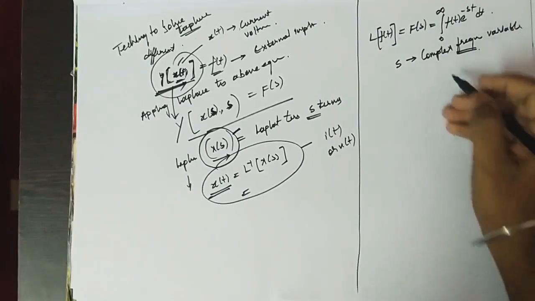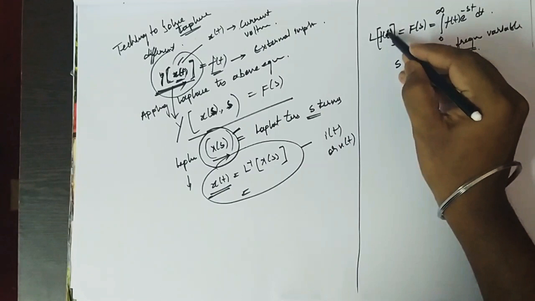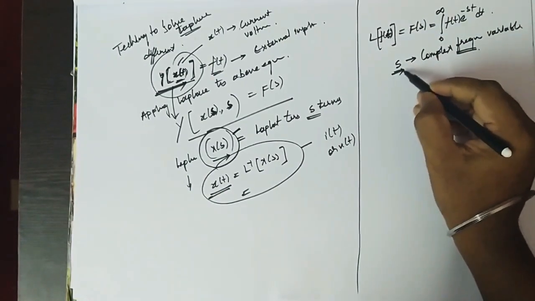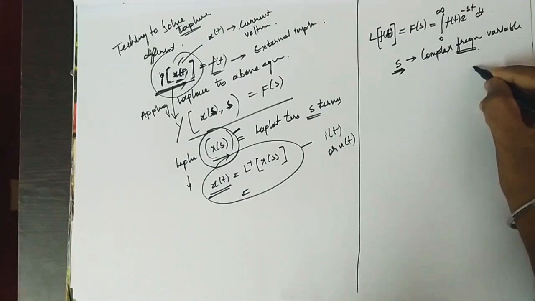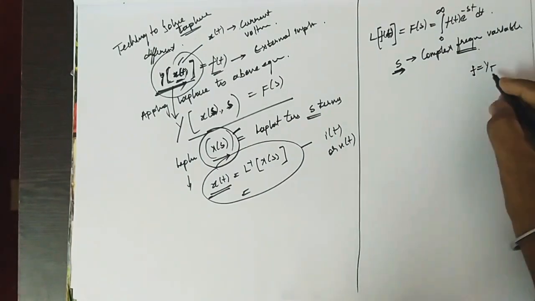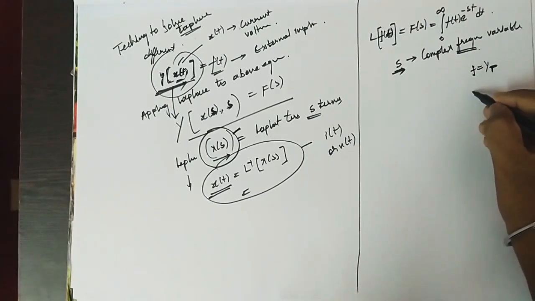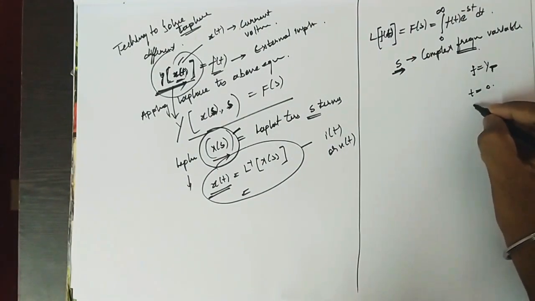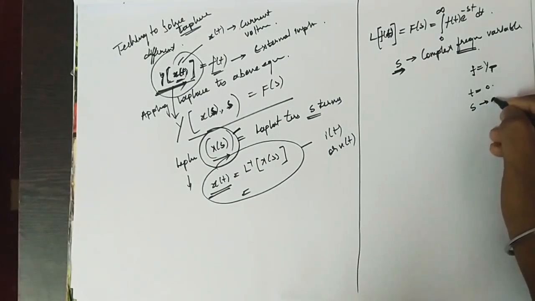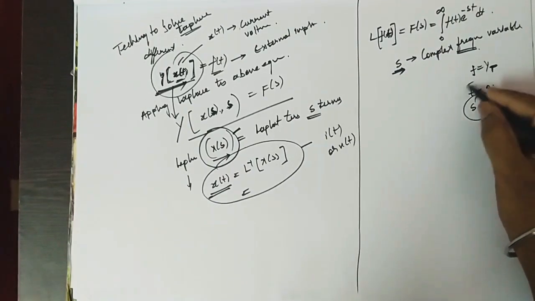So with the Laplace, the time function you are transforming to a complex function. The main reason here: frequency means what? Time and frequency are related by f equal to 1 by t. So if you want the response at t equal to 0, then you need to find it as s tends to infinity.